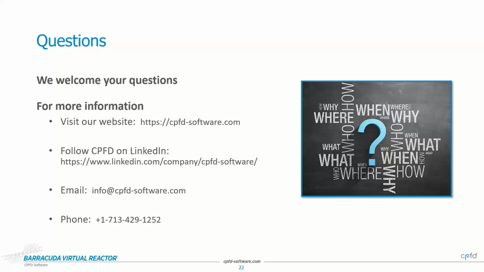When should I not use the default medium slider bar setting for cloud resolution? The main case where the default setting would not work well is for people using Barracuda to model fairly dilute systems. If you're modeling something like a very lightly loaded cyclone or a very lightly loaded riser, you would definitely want to use the 50 divided by theta p rule.